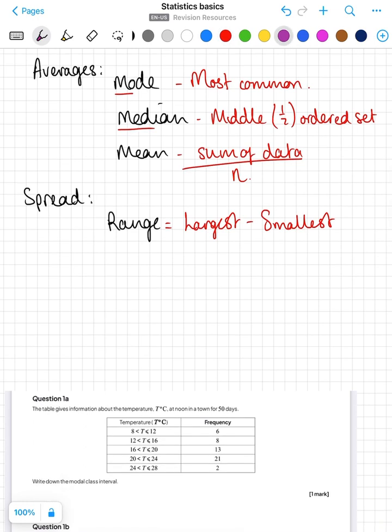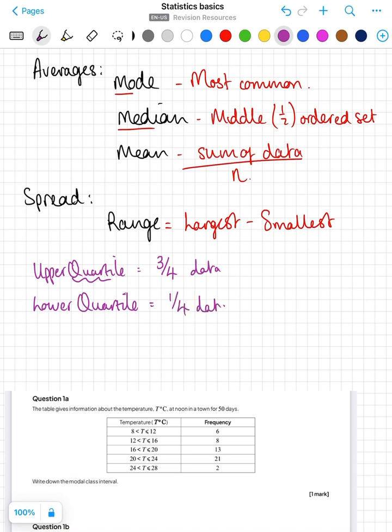Now, if we're doing higher, we will come across the terms upper quartile, lower quartile, and interquartile range. The upper quartile, quart meaning quarter, is the value 3/4 of the way through your data. And the lower quartile is the piece of data that is 1/4 of the way through the data set.